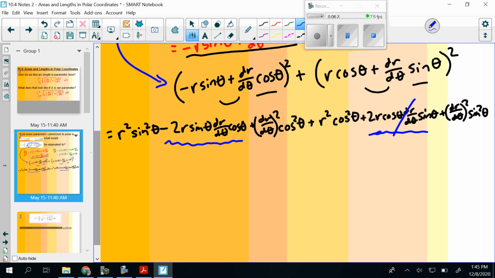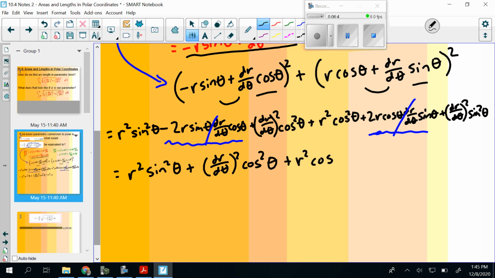Those would cancel out because they're the same two terms, one positive, one negative. So we'll start by canceling that out. So now we got r squared sine squared theta plus this. And finally plus this.